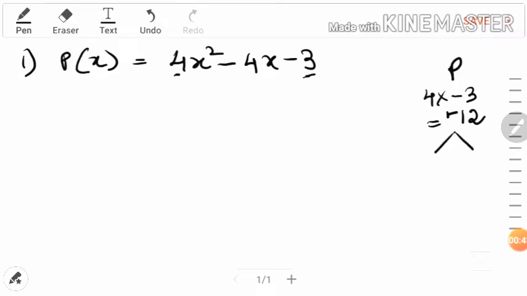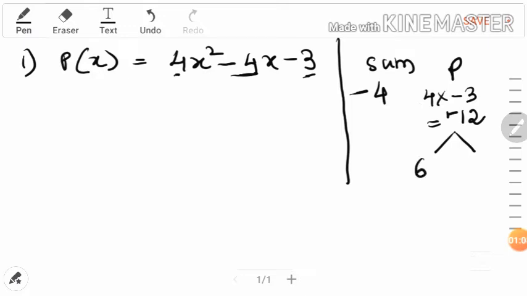Now we have to find the factors of minus 12 such that the sum of these factors is equal to the sum. What is our sum? The sum is minus 4. Sum is the coefficient of x. So 4 and 3 are also factors of 12, but if you add or subtract them, you don't get minus 4.